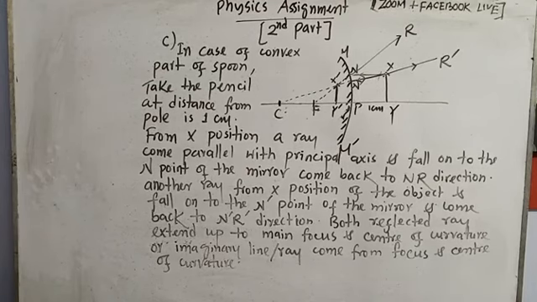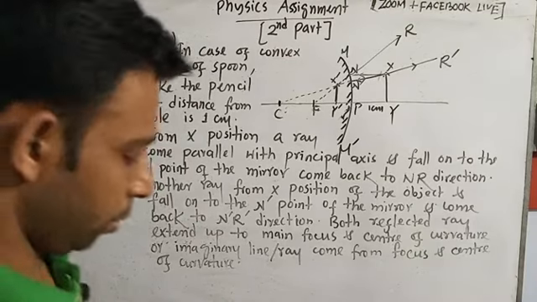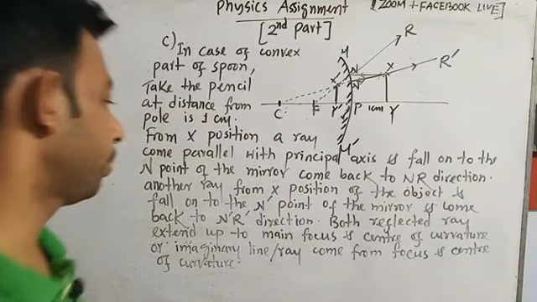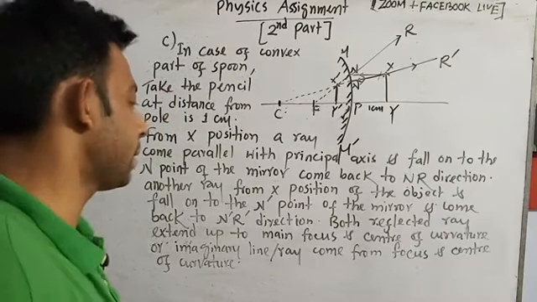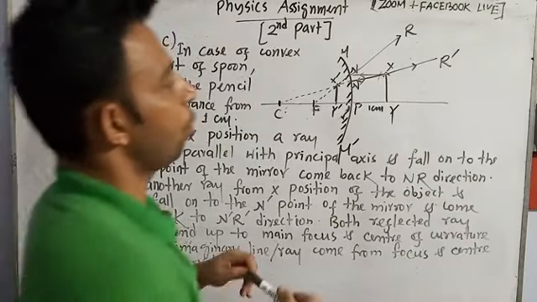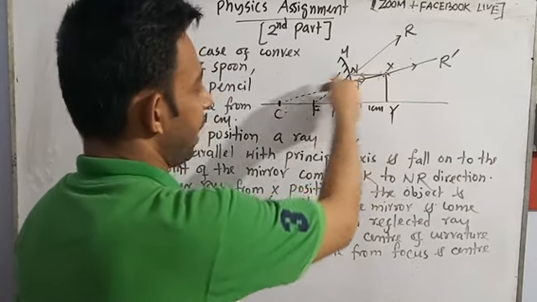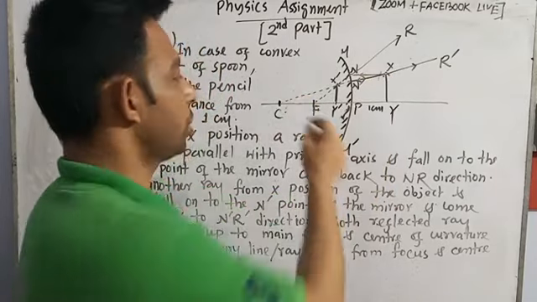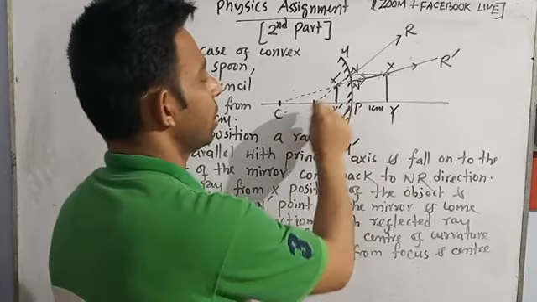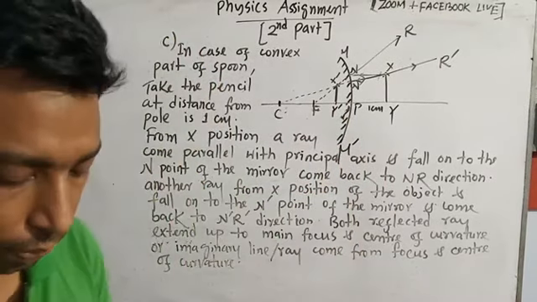Okay, I'm coming here. I think you write up there. So, main focus and center of curvature. That means when we extend both reflected rays, they are meeting in imagination. This ray comes from the center of curvature, another comes from the main focus.